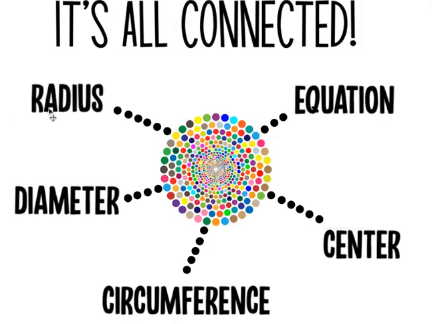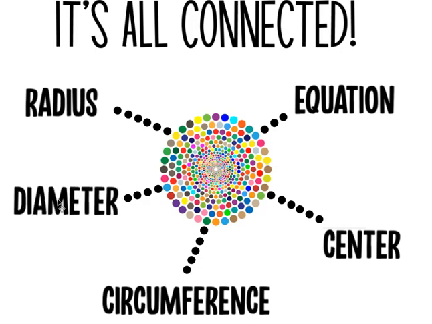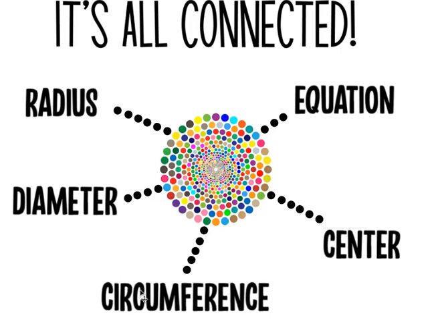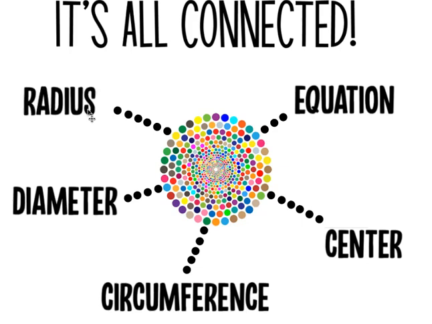If I know the radius of a circle, then of course I know the diameter. And if I know the diameter, multiply by pi, and that's my circumference. The circumference goes around the circle, and all of those points circle the center, right? Sometimes they're called the locus of points. And then of course, between the center and the radius, I can write my equation. So truly, truly, truly, it is all connected.